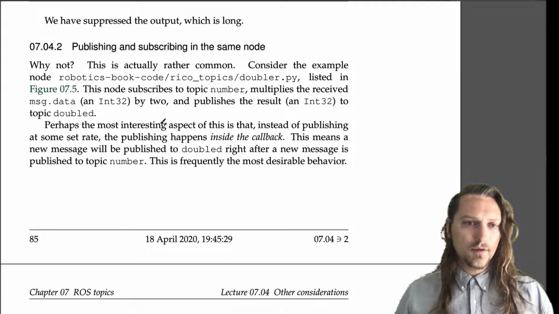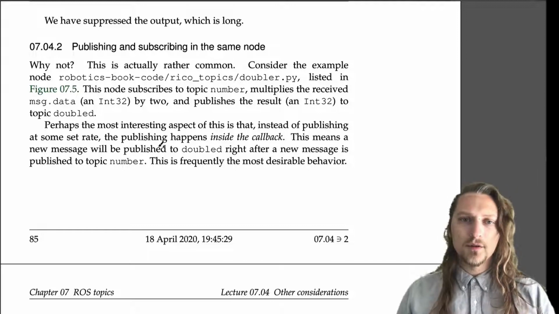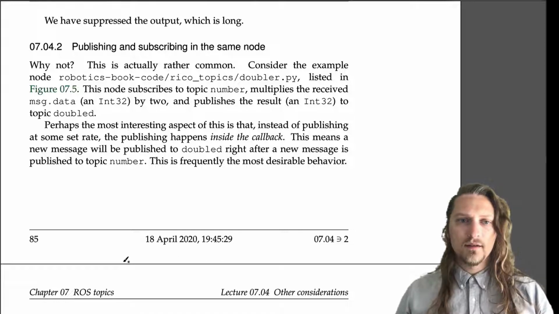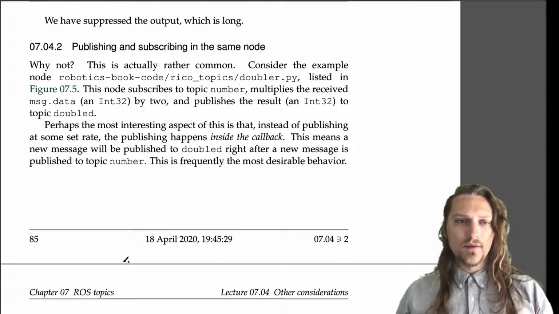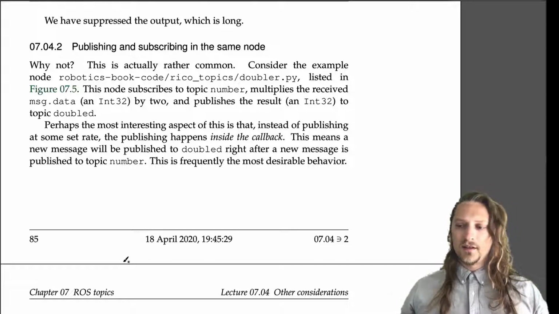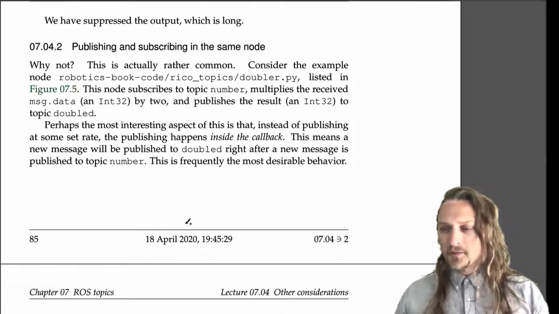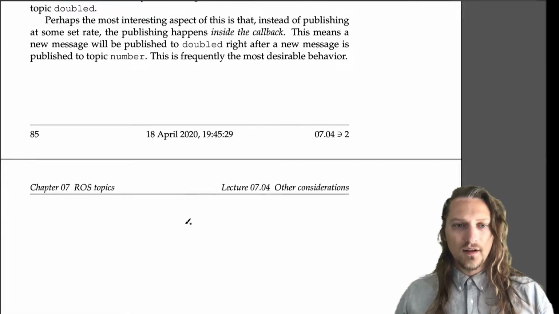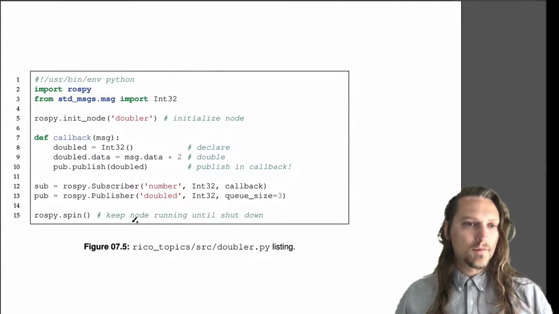This node, we'll scroll to it in a second, subscribes to topic number, multiplies the received message.data by 2, and publishes the result to topic doubled. Okay, so it takes in a subscribed message, and it then publishes a message of its own.